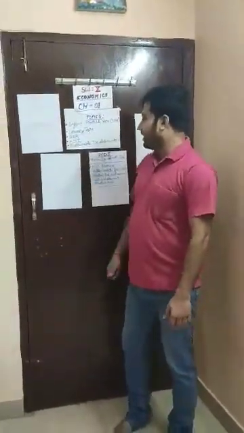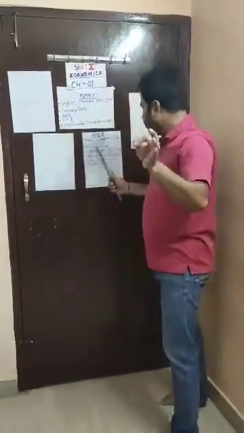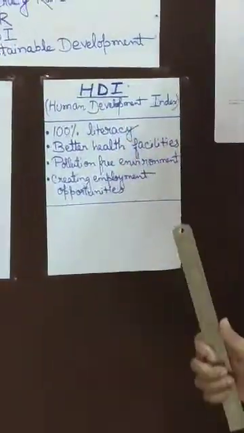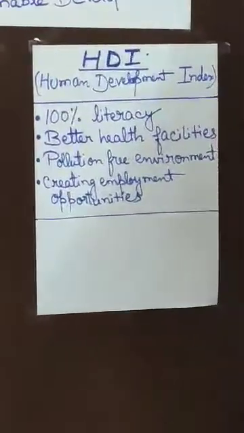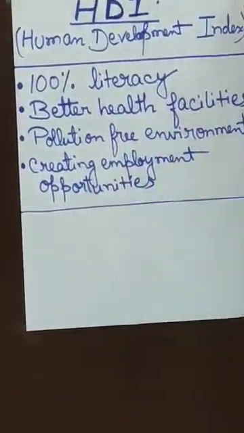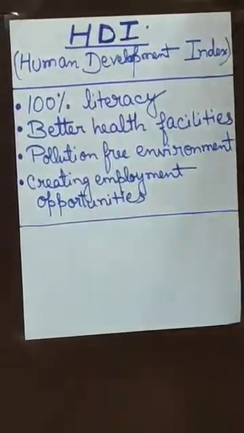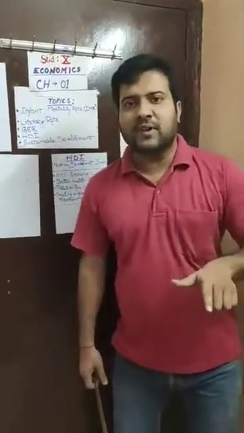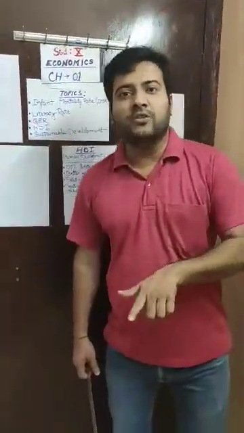Human Development Index. This I will show you in this chart. In this Human Development Index, it focuses on certain parameters. What are those parameters? Now, how can a human being say, I have developed? Remember, in the previous class, we discussed that only income cannot satisfy the development standard of a human.